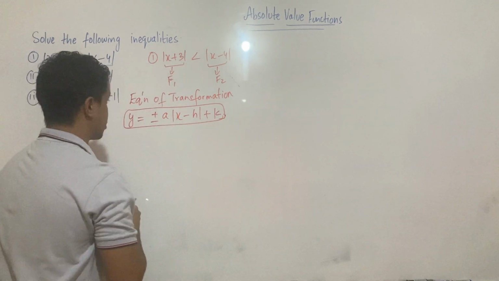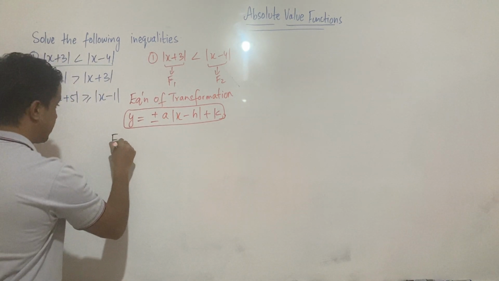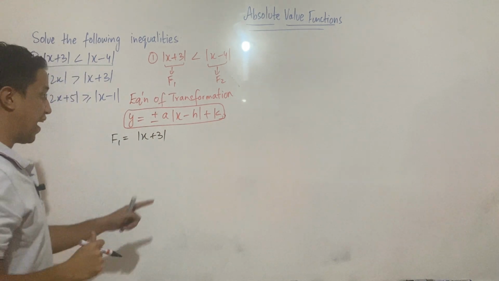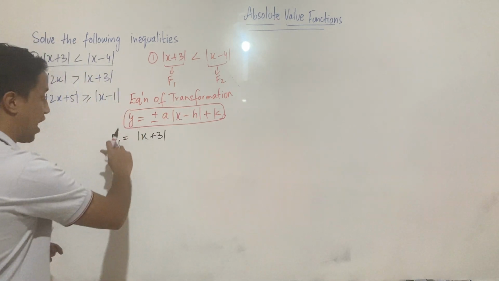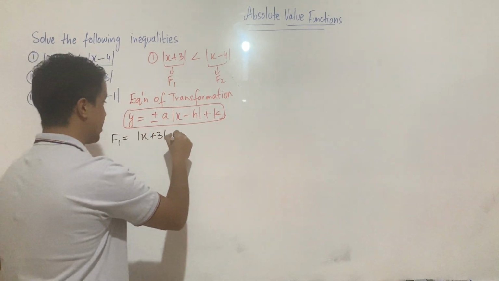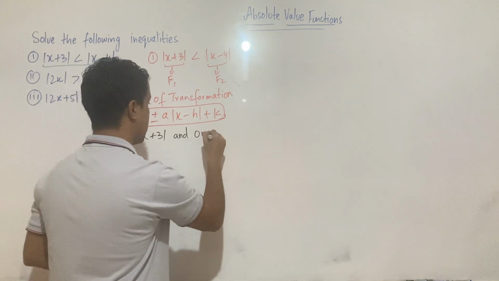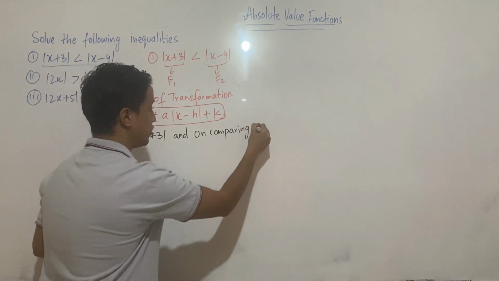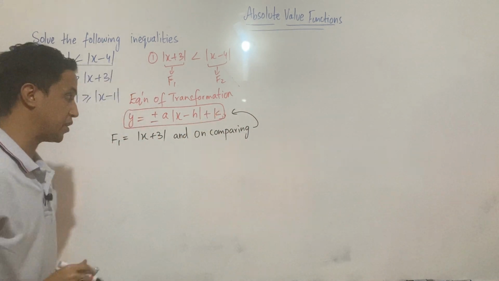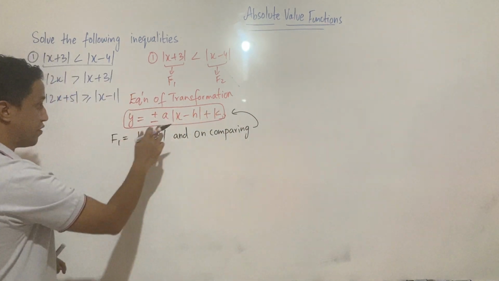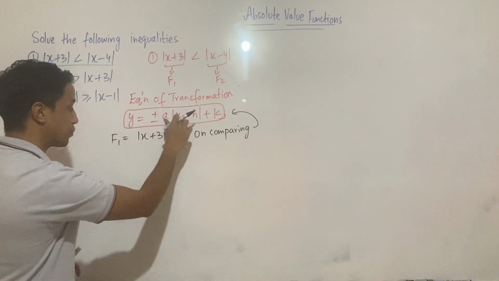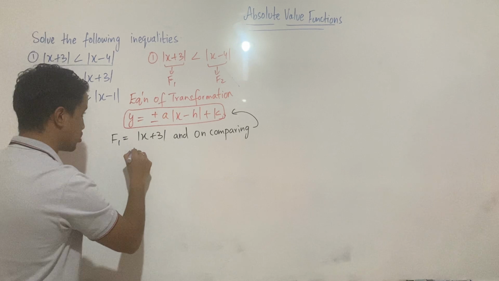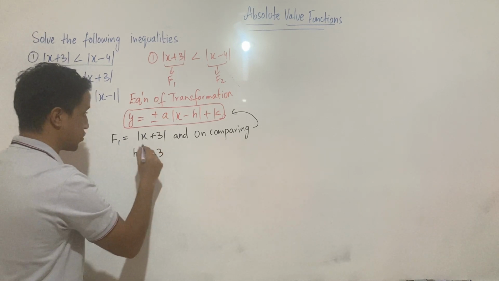If I take function f1 equals x plus 3, and compare it with your equation of transformation, what will we get? Our x-intercept, that is h, is going to be minus 3.